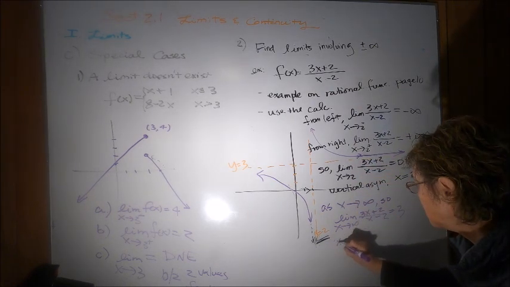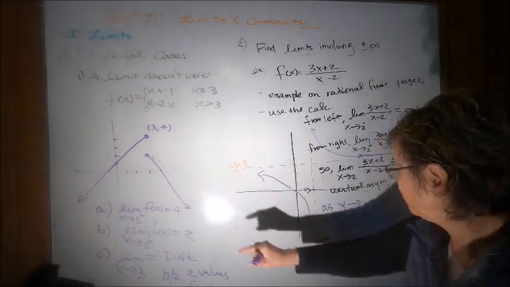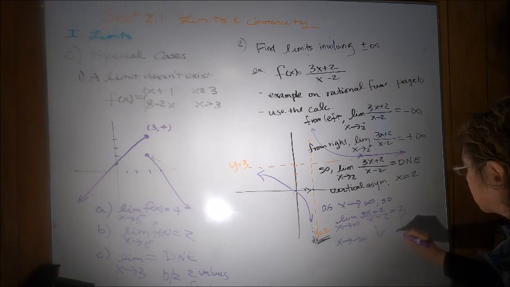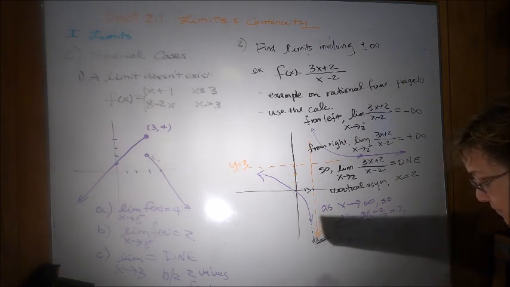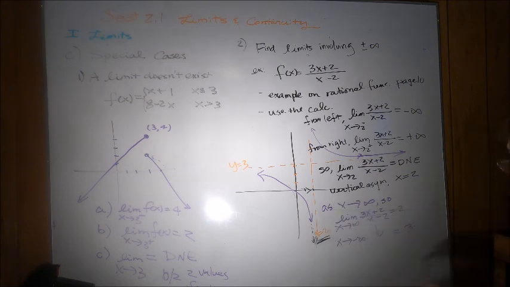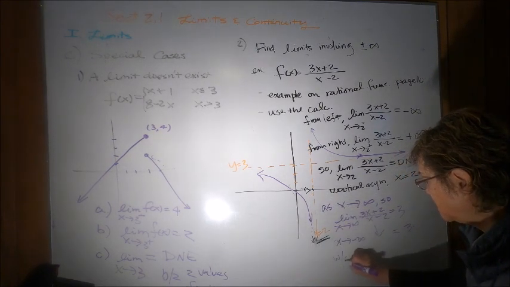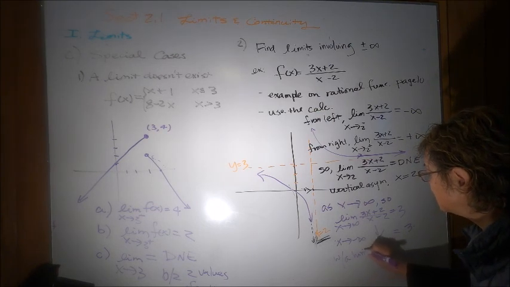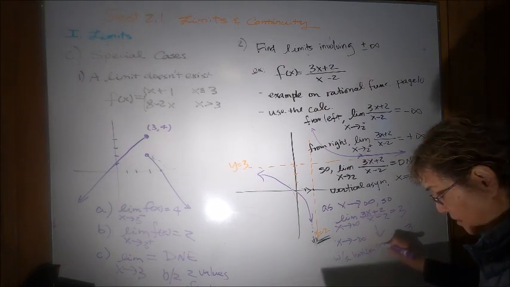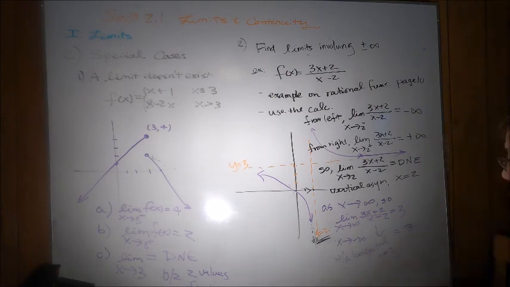When x goes to negative infinity, the value is still 3, right? So we have a horizontal asymptote of y equals 3.